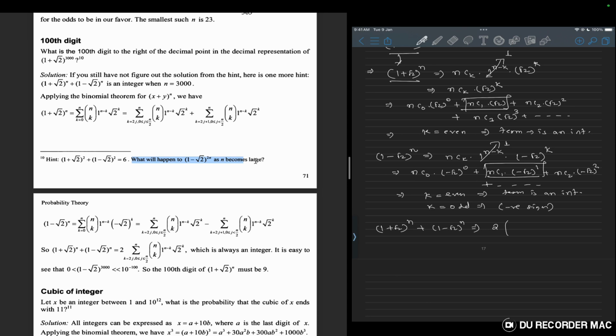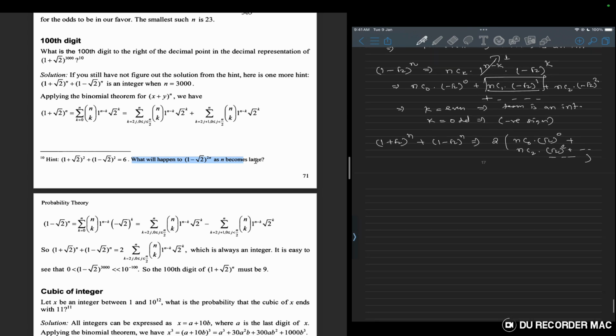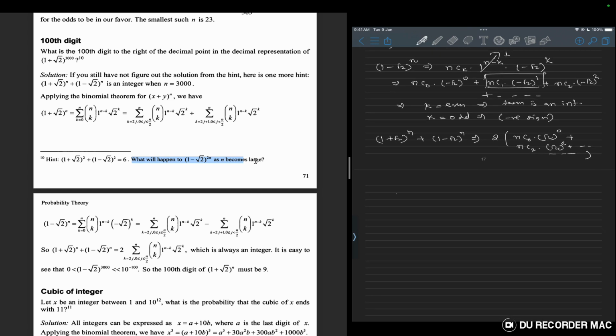This would be 2 times [nC0 times (√2)^0 plus nC2 times (√2)^2, and so on]. From this we realize that this value is always an integer, because each term here is an integer, so the sum will also be an integer.